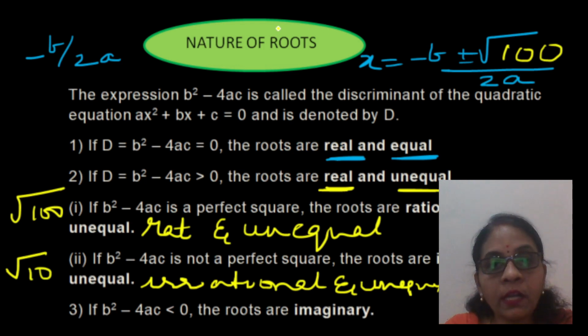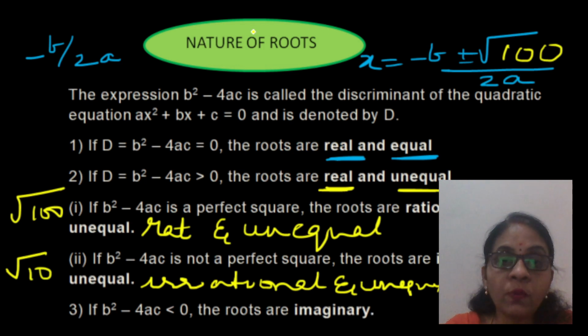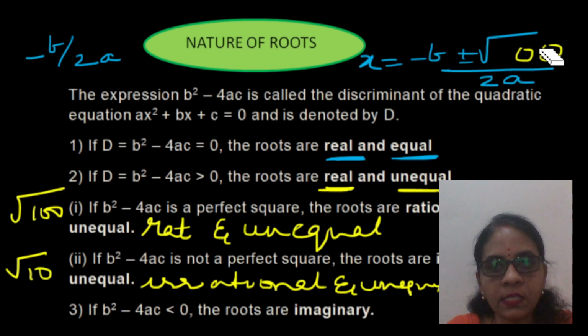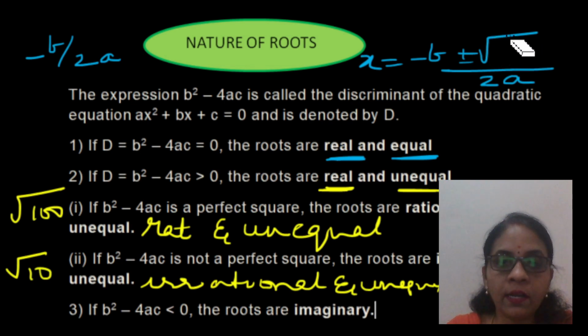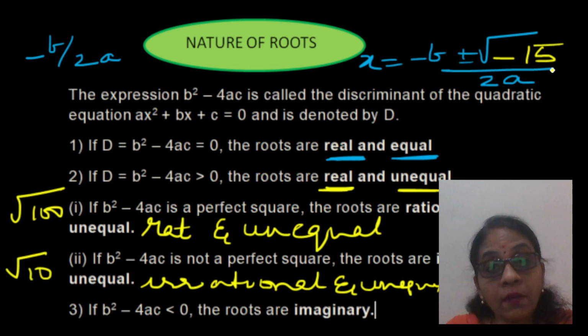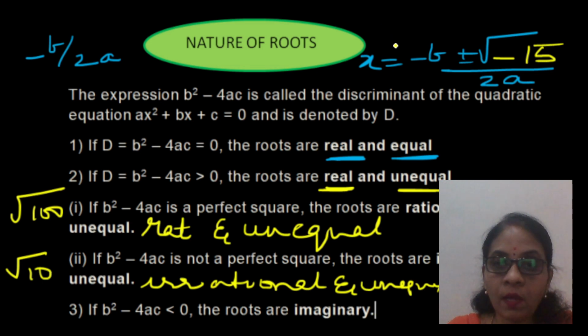Now, what about this last one? If b square minus 4ac is less than 0, what does that mean? It means the value is not 10 or 100 or 20 or 30 or 40, but say minus 10 or minus 15. Can we find the square root of a negative number?